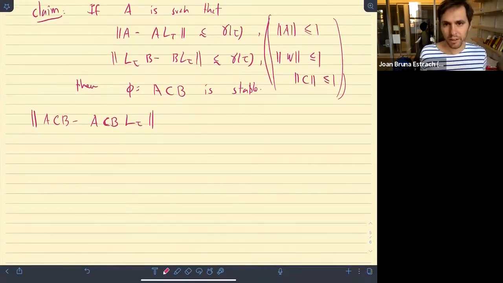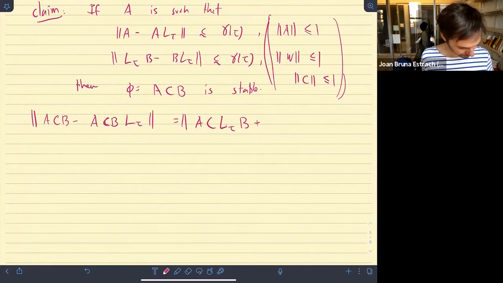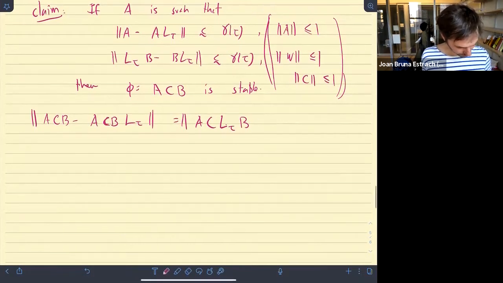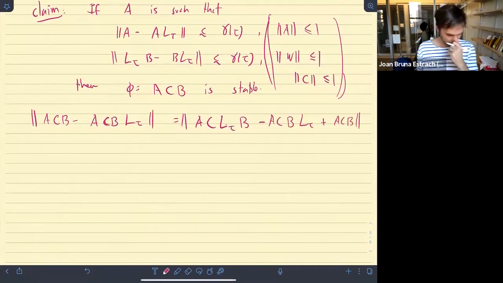So now we need to add and subtract one term, right? So this is the same as A, C, delta B plus, minus, sorry, I forgot one term.